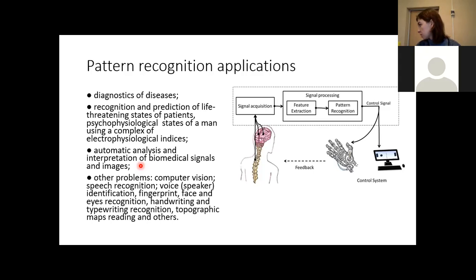So automatic analysis does it instead of the doctor and prepares results of this analysis on the computer.